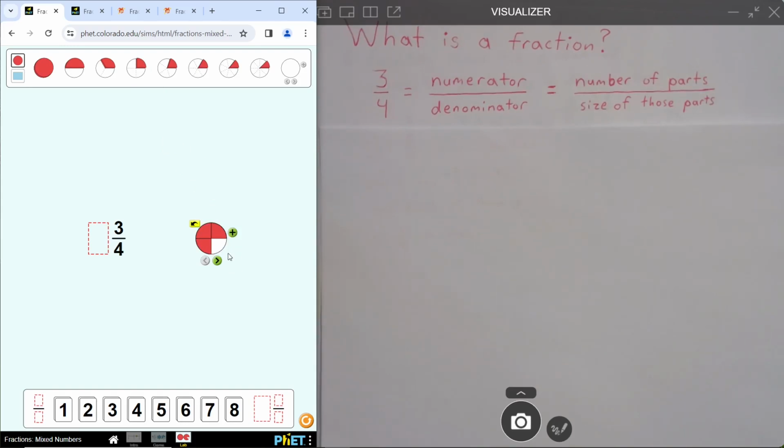So now we have 1, 2, 3 parts, and each of those parts is 1/4 in size because the circle was split into 4 equal sized parts in the beginning. So 3/4 is a fraction which has 3 parts, and each of those parts is 1/4 in size.